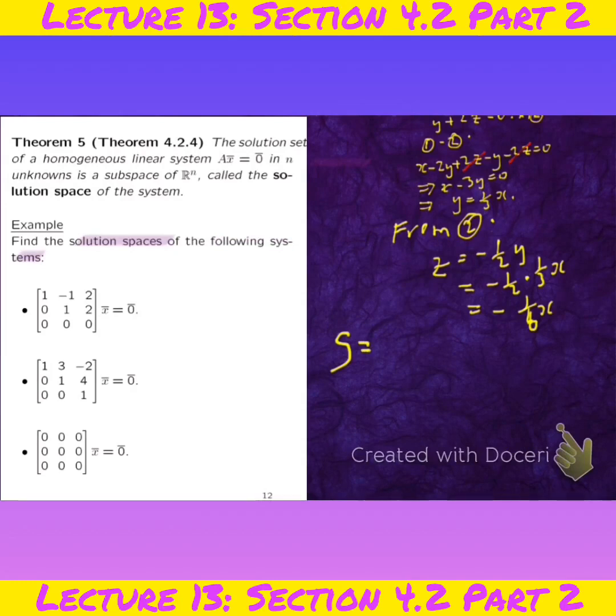The solution space is basically all vectors of the form: we can parameterize, we can let x be t, then we can solve y as a third t, and we can solve z as minus 1 over 6 t. Alright, and what is t? t is a real number. Okay, so that's my solution space. It's all vectors of that form.